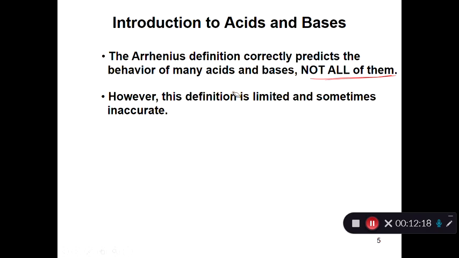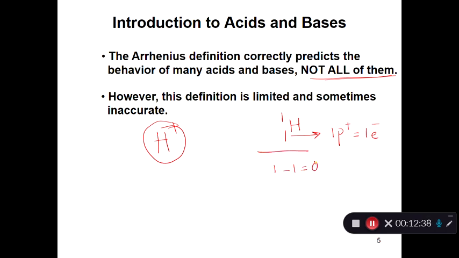Another issue is the definition saying acids produce H+. If you remember, hydrogen in the periodic table has 1 proton, 1 electron, and 0 neutrons. If I say H+, it means this hydrogen loses 1 electron. So it has only 1 proton, 0 electrons because it lost its electron, and 0 neutrons.